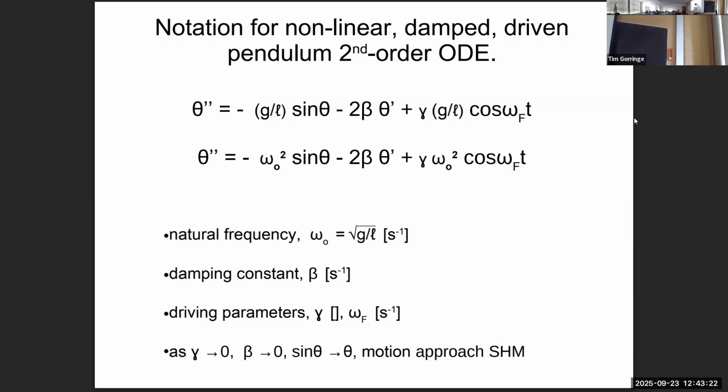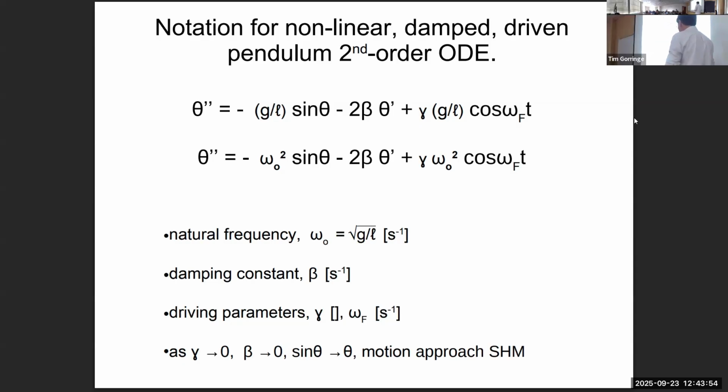We're solving this differential equation here, a second order differential equation with a restoring force, a damping force, and a driving force that produce three corresponding accelerations: restoring acceleration, damping acceleration, and driving acceleration. That's what you see in these forms of the equations. These are the angular acceleration contributions that add up to create the total angular acceleration.